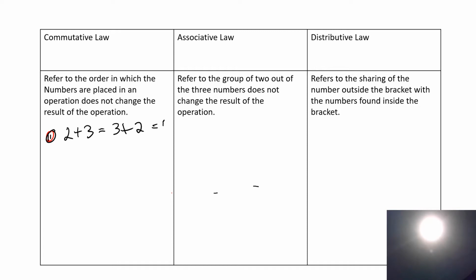So it doesn't matter if the 2 comes first or the 3 comes first if we're talking about addition. Similarly, 3 times 4 and 4 times 3 give us 12. So from here we can see that addition and multiplication are commutative.